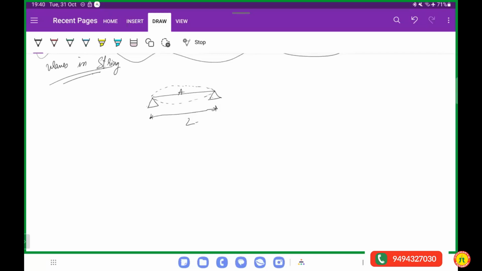So I'm not going to write stationary wave again and again. In a string, this thing is fixed at both ends. Fixed at both ends.